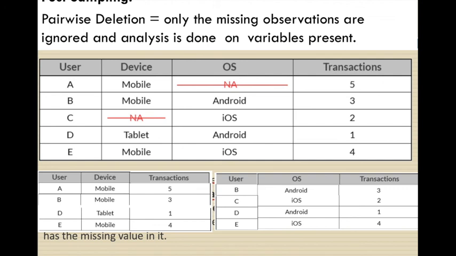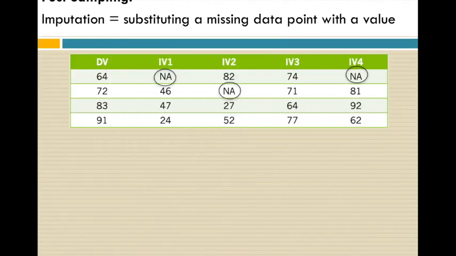Next, what we can do, apart from deletion, we use imputation. Imputation means substituting a missing data point with a value, right? So see here we have some missing points.